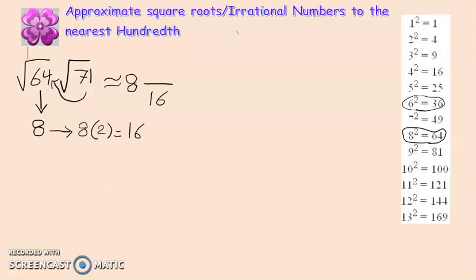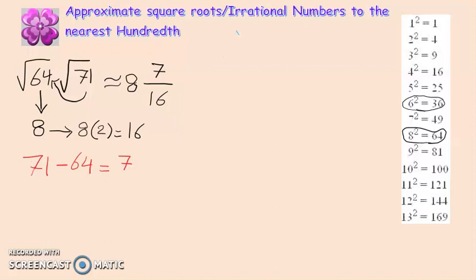Then subtract these two numbers: 71 and 64, you will get 7. This number should sit on top. Okay. Next step, look at the fraction. You don't need to reduce it because you can't reduce it.